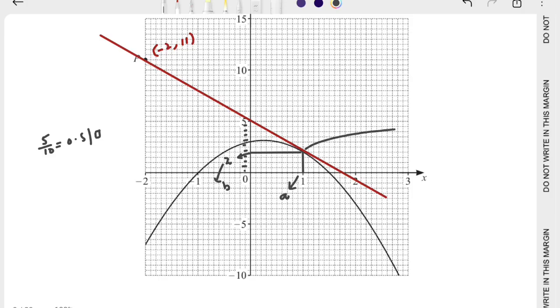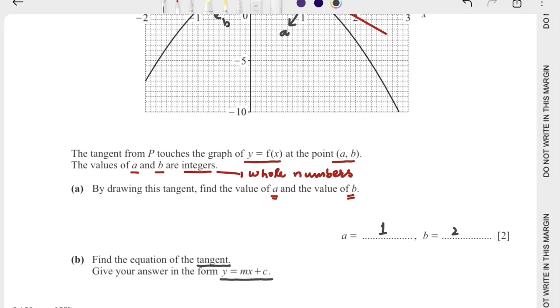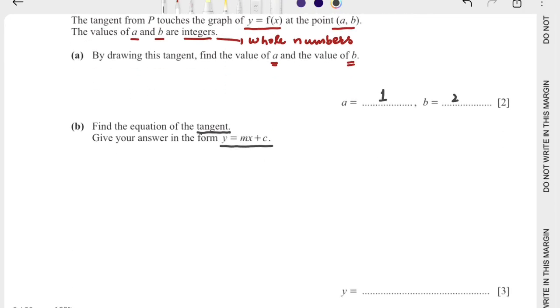One point may be 1, 2 and the other point you can take is 0, 5. You can also take other points as well. So I am taking 2 points, one is 1, 2 and the other one is 0 comma 5. Now label them.